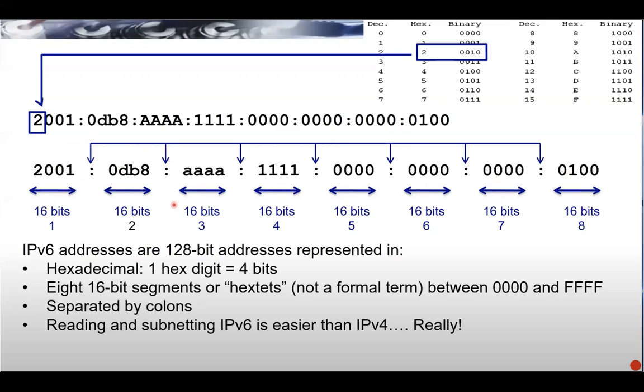Each segment is 16 bits, that is 4 hex digits, separated by colons. So this is the notation for IPv6. No question here, right? This is straightforward, I think.